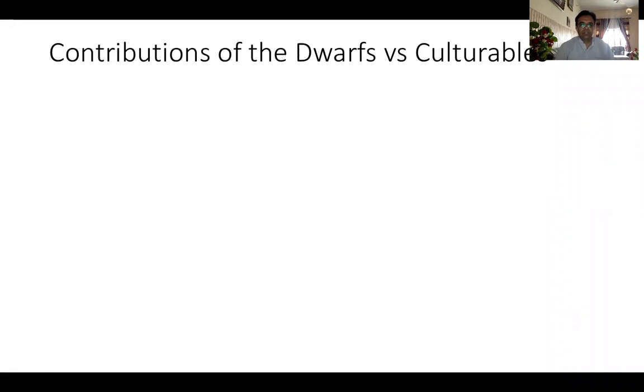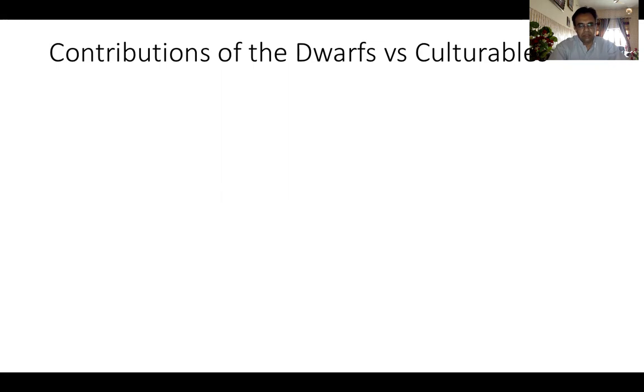So now we have discussed the dwarfs and the culturables. We have already compared them, but what is their contribution towards the overall soil turnover in terms of biomass, or in terms of their physiology or metabolism? So this is what I would like to explain here.